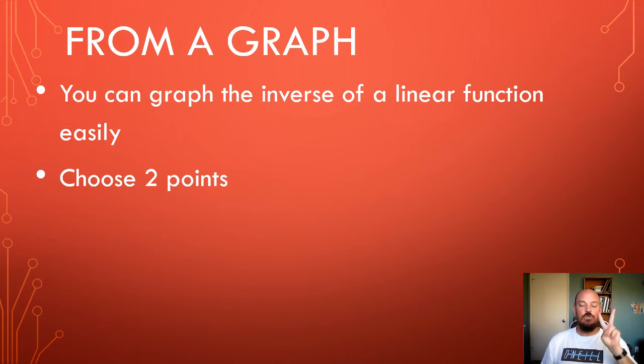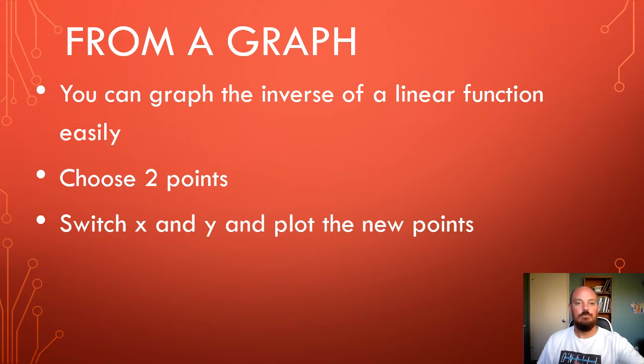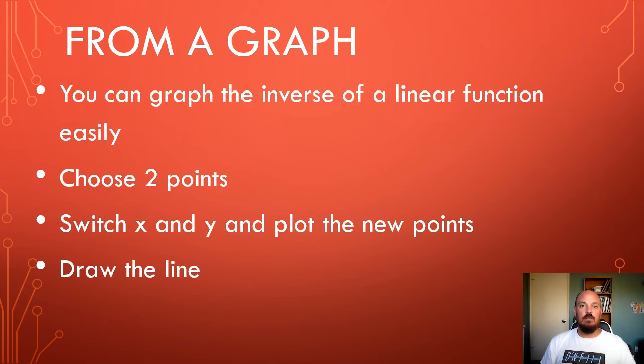I said pick any 2 points on the line, any 2 you want. Just find 2 that work. Find 2 where it crosses at a nice even whole number where x and y are whole numbers. Take those 2 points, switch the x and y and plot them. And remember, it only takes 2 points to draw a line. Draw the line that goes through those 2 points and you have the inverse. So let's go ahead and do that.